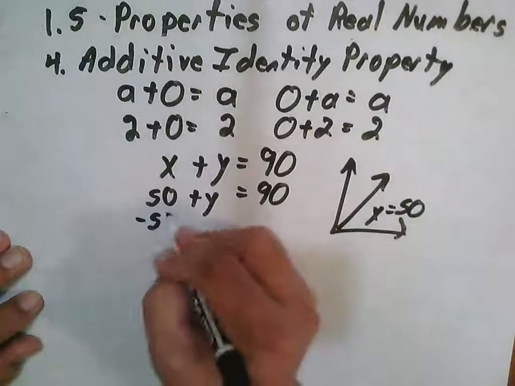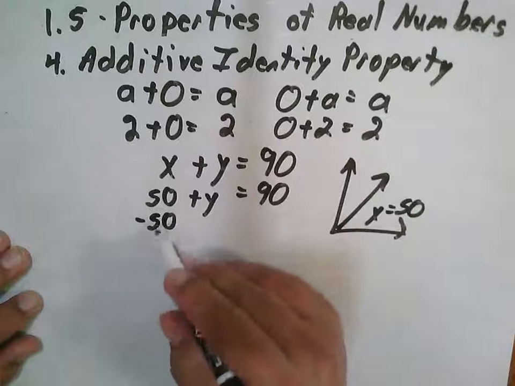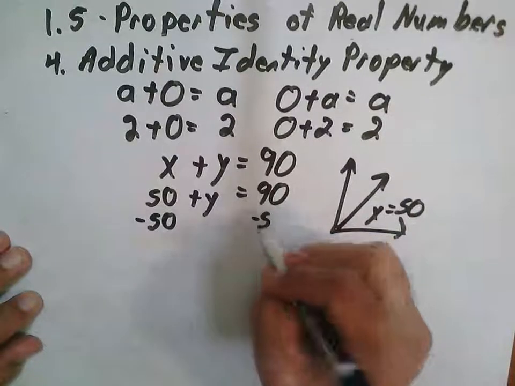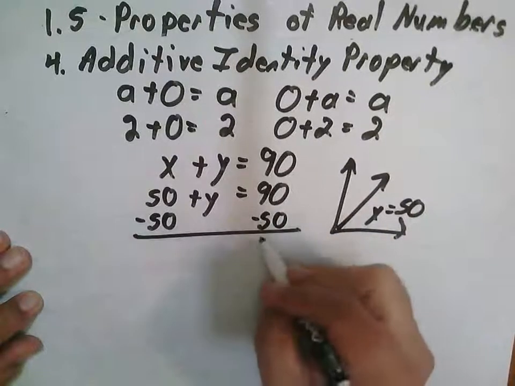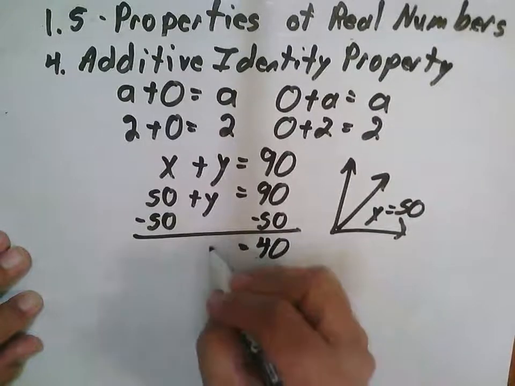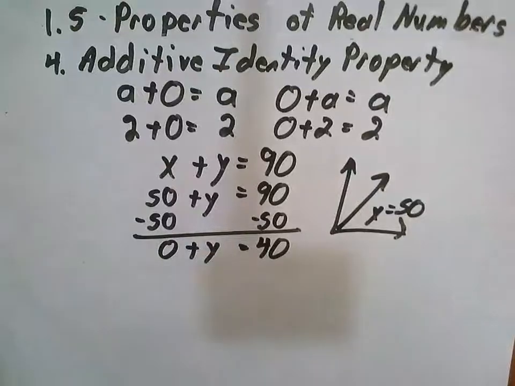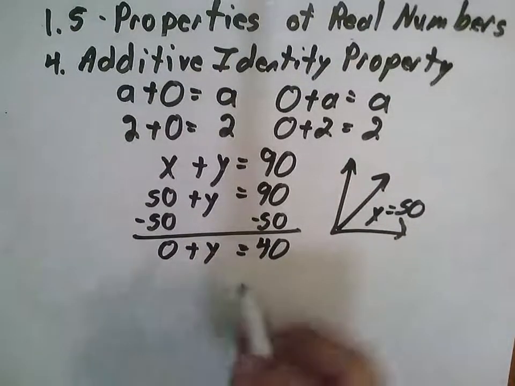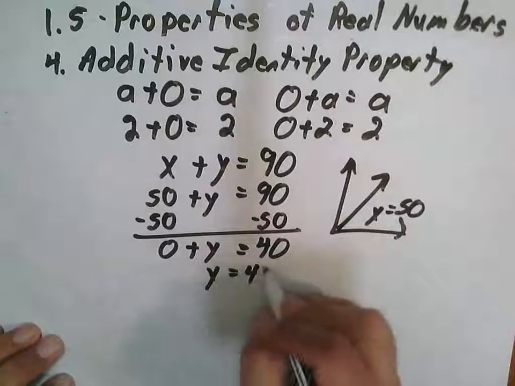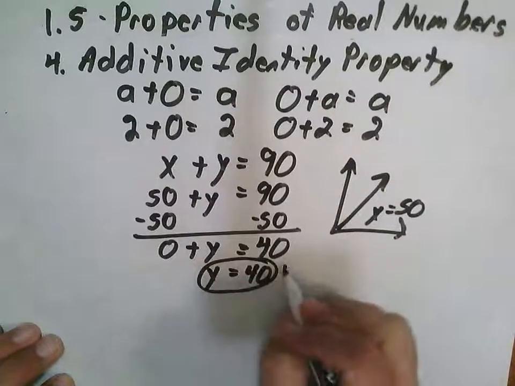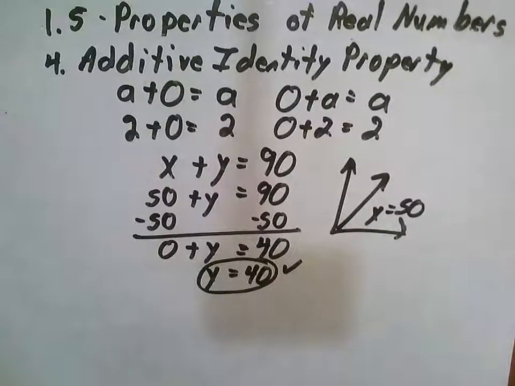So I have to use the opposite. I have to get rid of 50, so I subtract 50. Whatever I do on one side of the equation, always do on the other side. This is going to give me 40 on this side. This is going to give me y. 50 minus 50 is actually 0. So this is the way the problem actually works. But because anything added to 0 is itself, it just puts me at y is equal to 40, and I just drop the 0 off. So that's why that one is important.